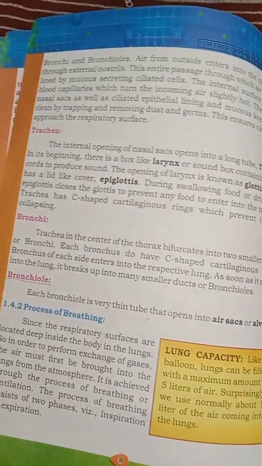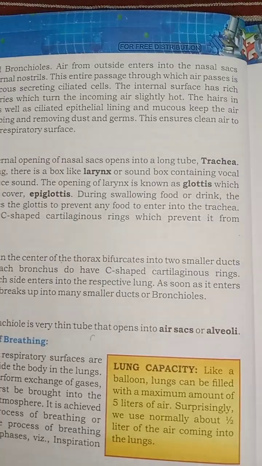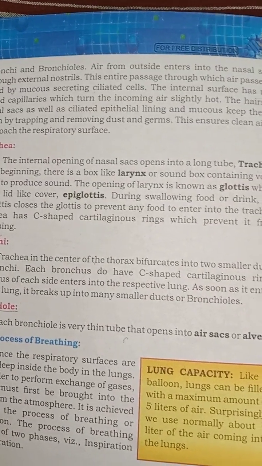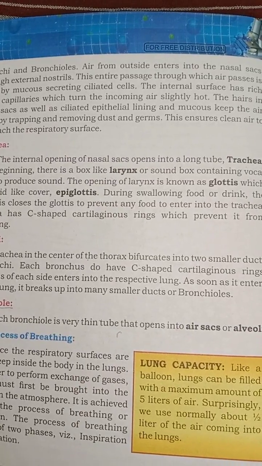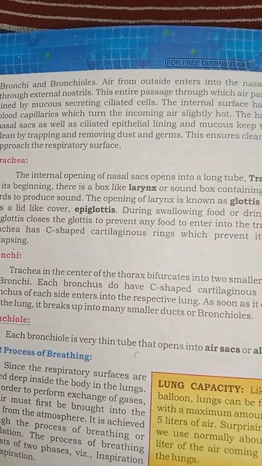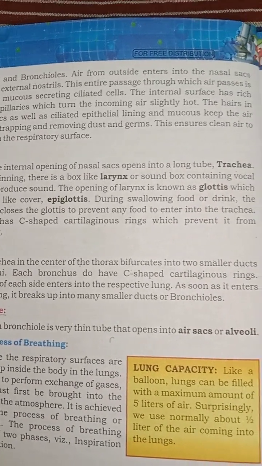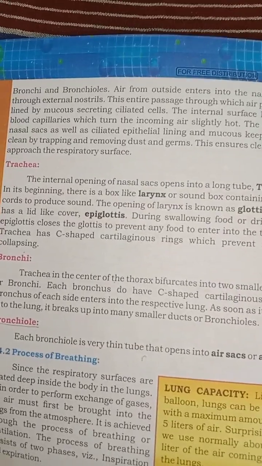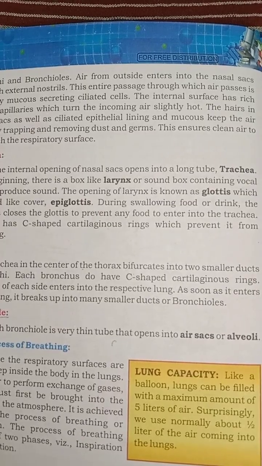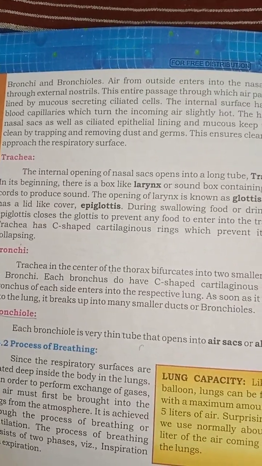The internal surface has rich blood capillaries which make the incoming air slightly warm. The nasal sac as well as the ciliated epithelial lining and mucus keep air clean by trapping and removing dust and germs. This ensures clean air approaches the respiratory surface.